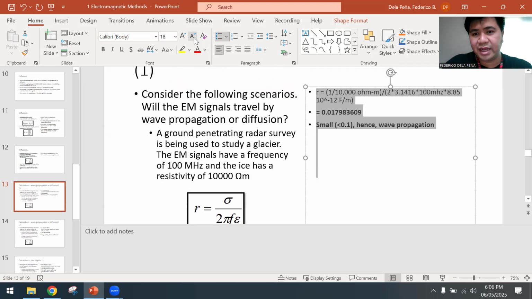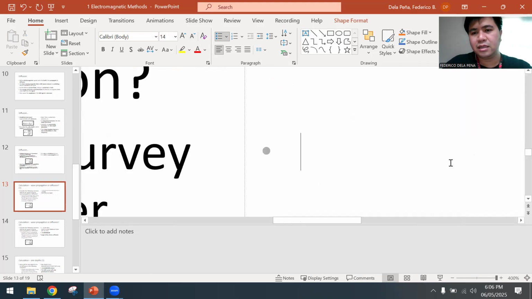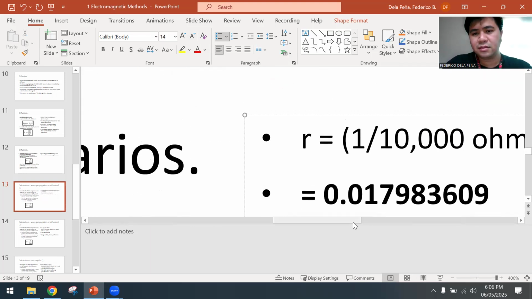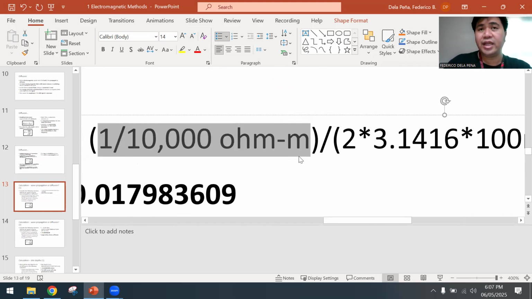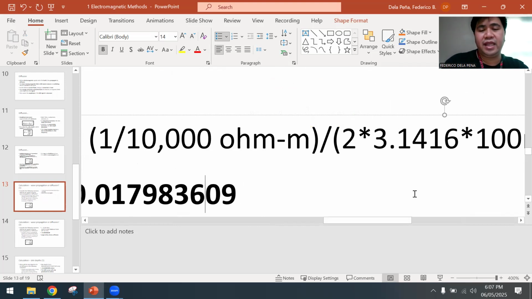This term is your conductivity. You're just inverting your resistivity. Just divide 1 by resistivity, that's your conductivity.